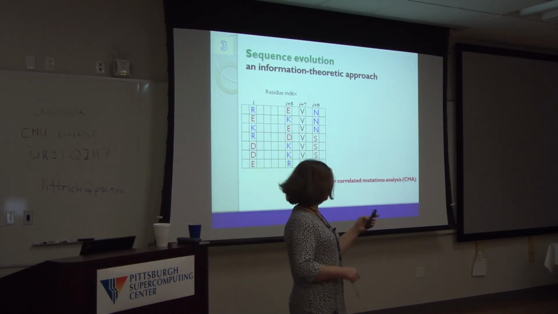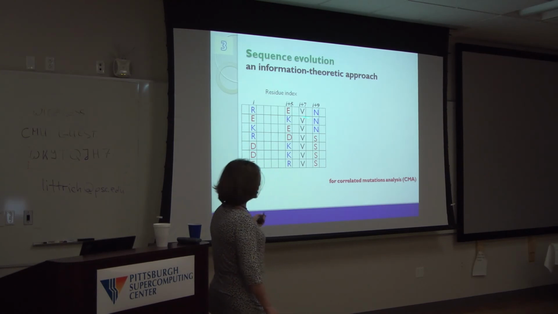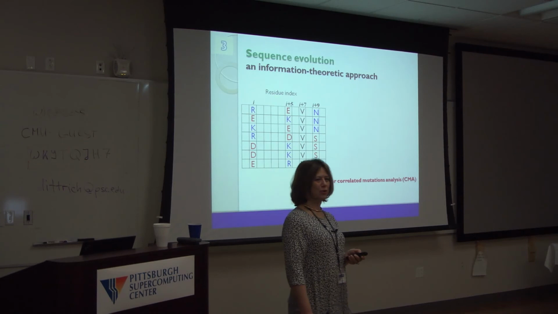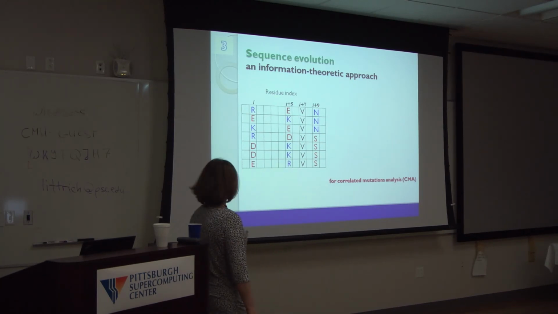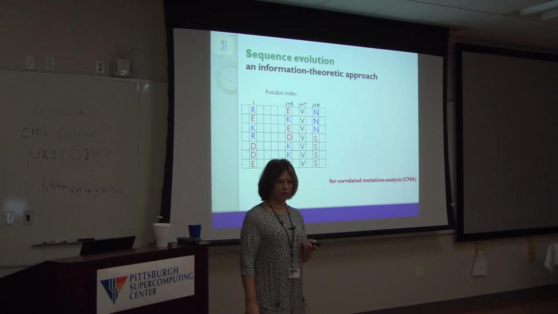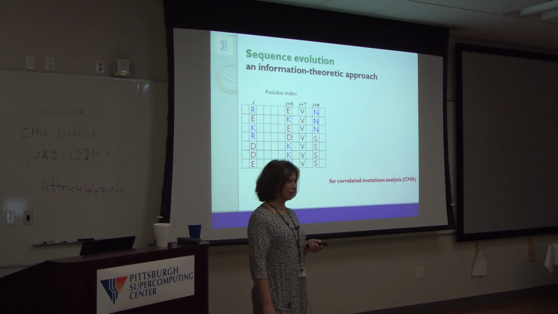Each time there is a change in one of them, the other one also undergoes a compensating change. It's called compensating mutations, correlated mutations. And these are co-evolving pairs of residues. They evolve together, okay?